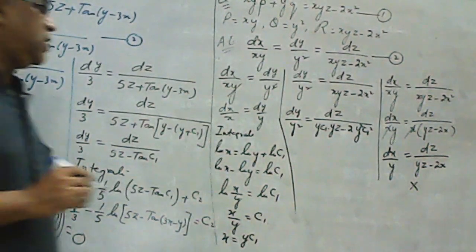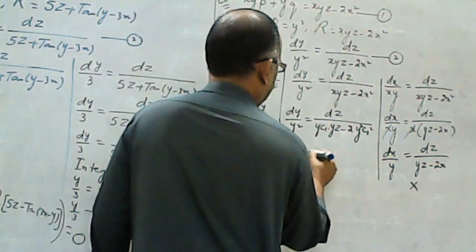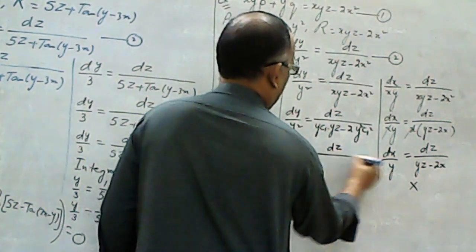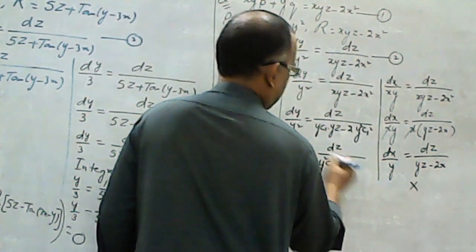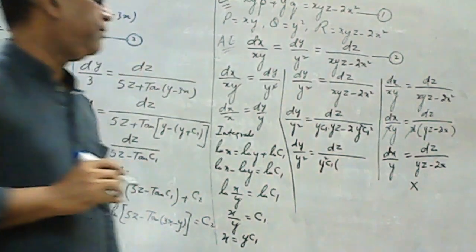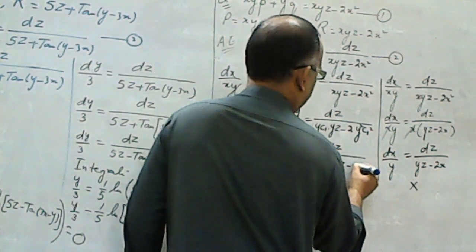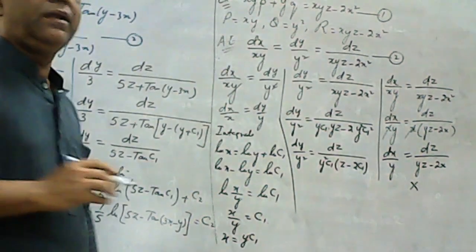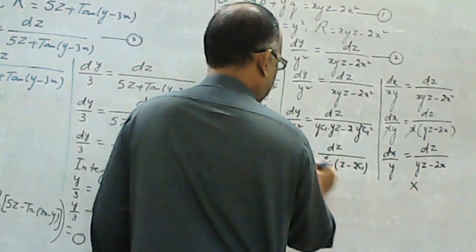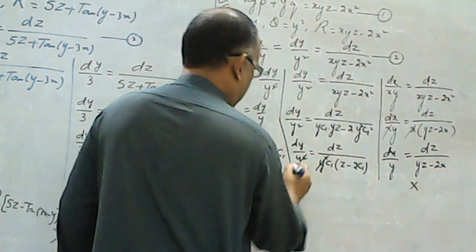Now try to simplify it. So dy upon y square equal to dz upon y square, c1 is common. So what is remaining? z minus 2c1. Now we can cancel y square with this y square. So what will be the remaining outcome?